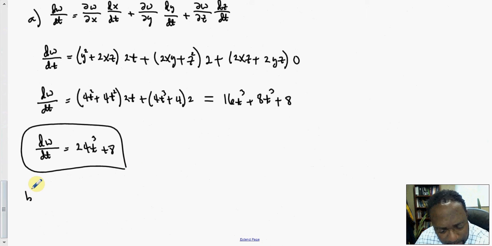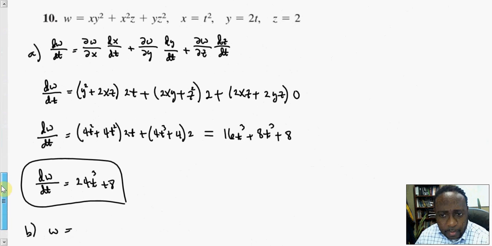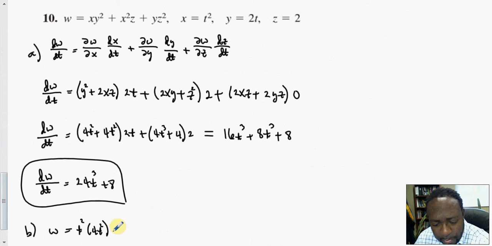Part B says take w and write it as a function of t. So this is xy squared, so the x is t squared, and then the y squared, that's going to be 4t squared, plus x squared z, that's 2t to the fourth, plus yz squared.